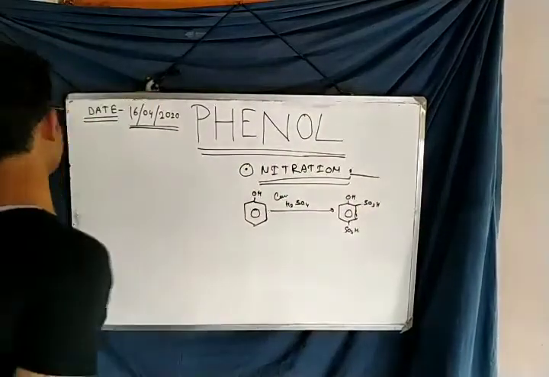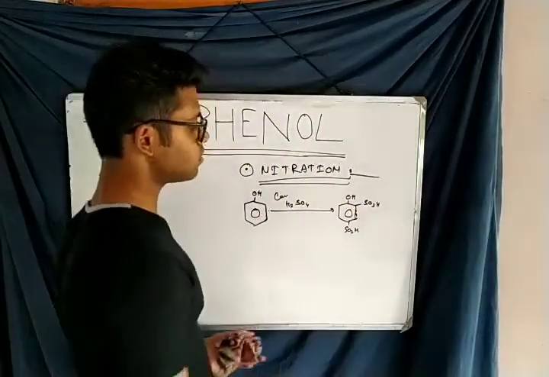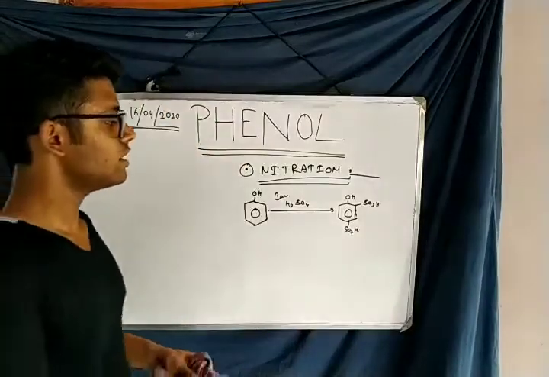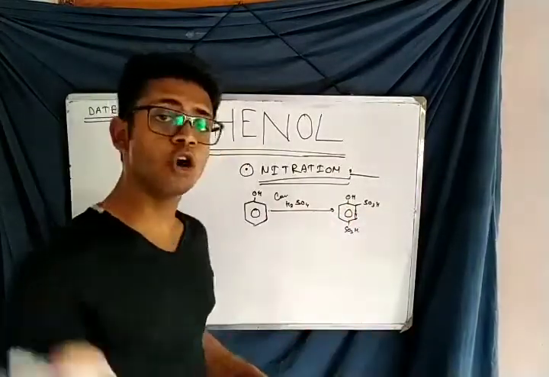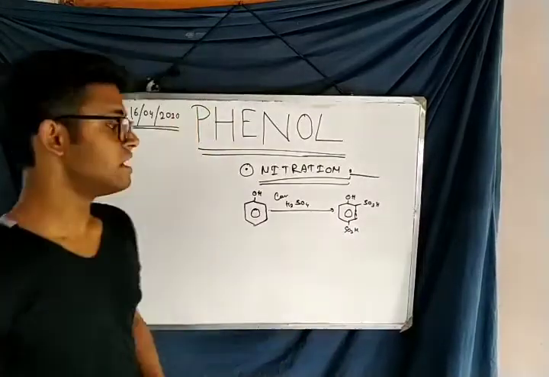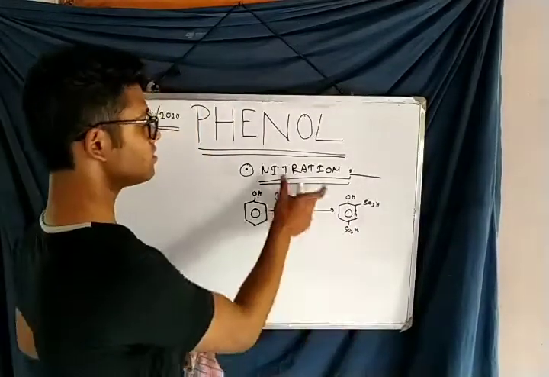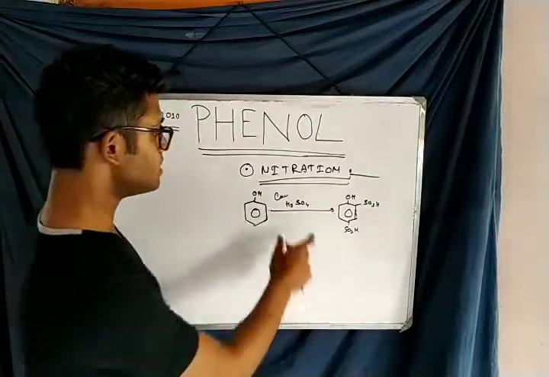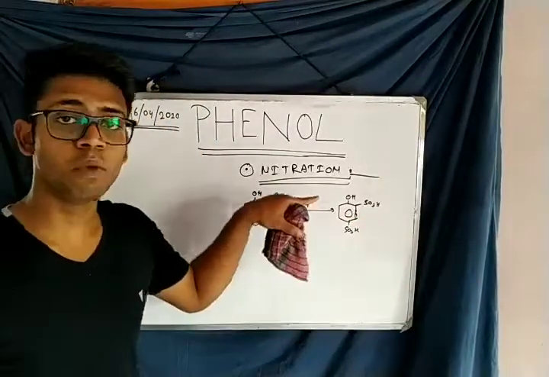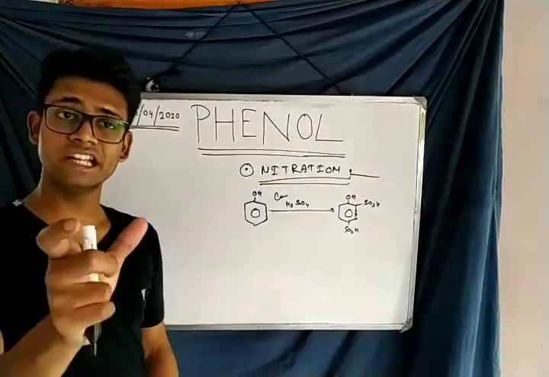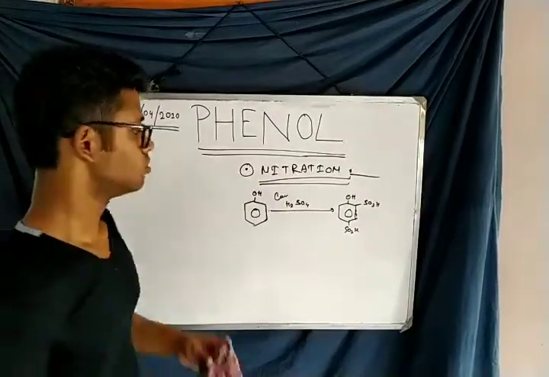We said previously that phenol is an ortho-para-directing group. So in this reaction, one compound contains two groups, at both ortho and para positions. This is a very exceptional case, generally used in modern times. That is, SO3H is attached to the ring at both ortho and para positions in one compound.